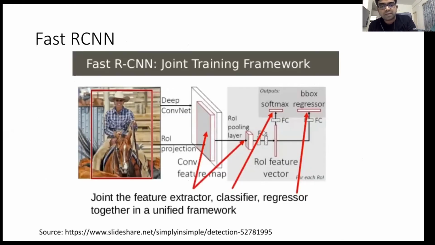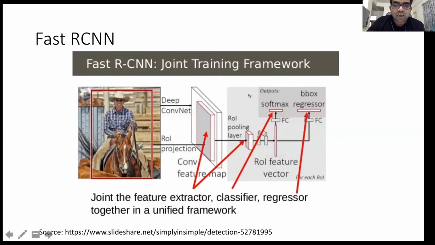After they do the single forward pass, they have built a network consisting of fully connected layers like here, and using these layers, they are able to predict the class probabilities along with the bounding box regressors. What I mean by bounding box regressors is nothing but the XY positions and the height and width of each of the bounding boxes.